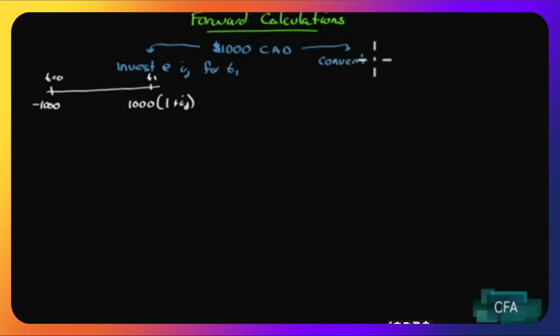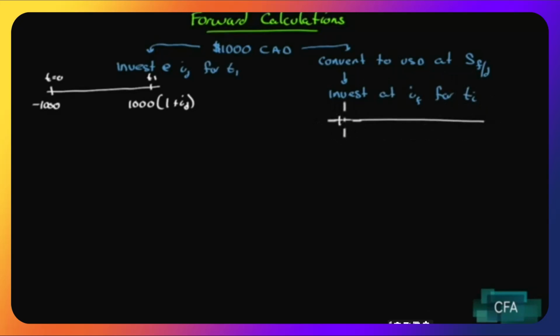So we'll convert to US dollars at whatever the spot rate is, S_D, our base currency being Canadian in this case. So we're going to convert to US dollars at the spot rate. And then, once we have our American dollars, we're going to invest at the foreign interest rate for the same period of time, T1.